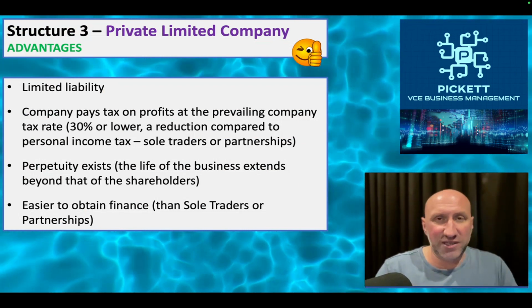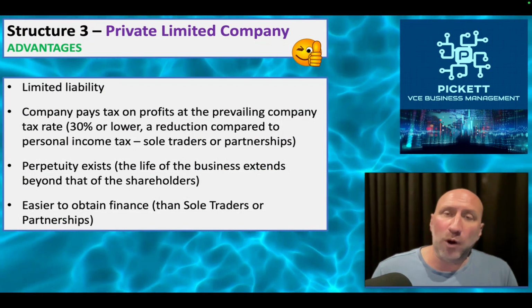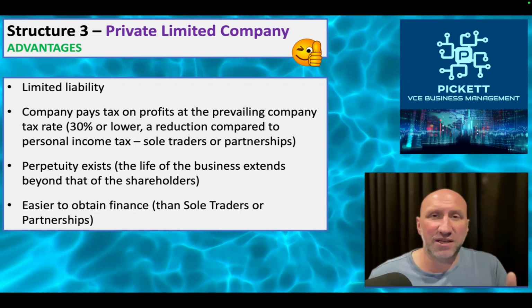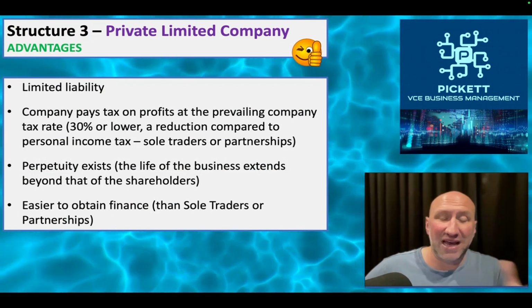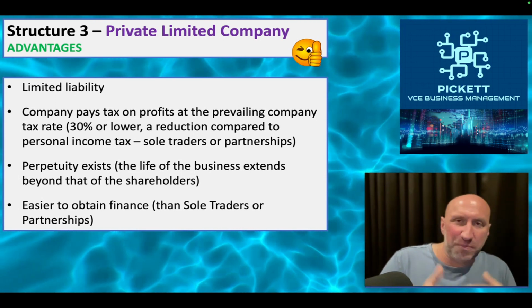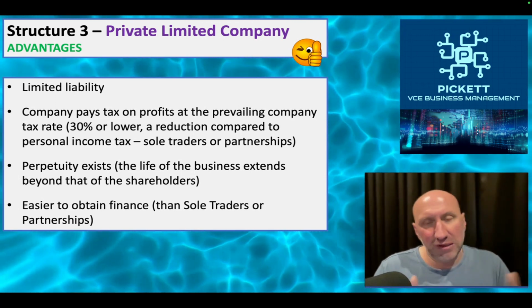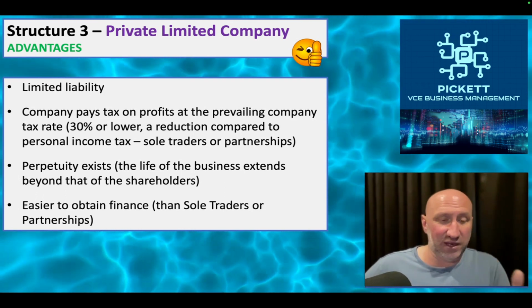Now, advantages of setting yourself up as a private limited company. First off, limited liability, biggie, protecting your personal assets. Also, companies pay tax on profits at the prevailing company tax rate, okay, which is 30% or lower, depending on what type of business you're doing, which is a reduction to personal income tax.